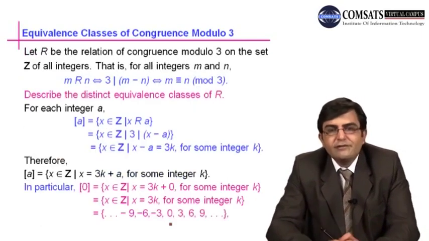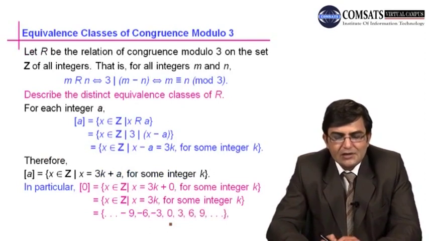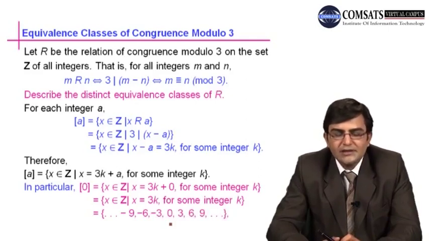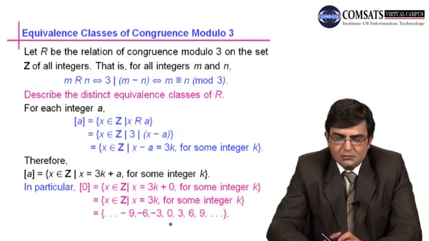Now we are going to define equivalence classes of congruence modulo 3. Let R be the relation of congruence modulo 3 on the set Z of all integers. You already know what the congruence modulo 3 relation is; we have discussed it in the previous lectures.